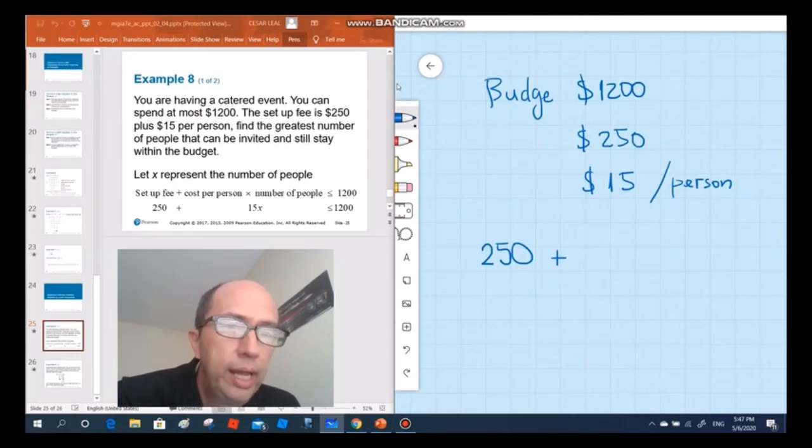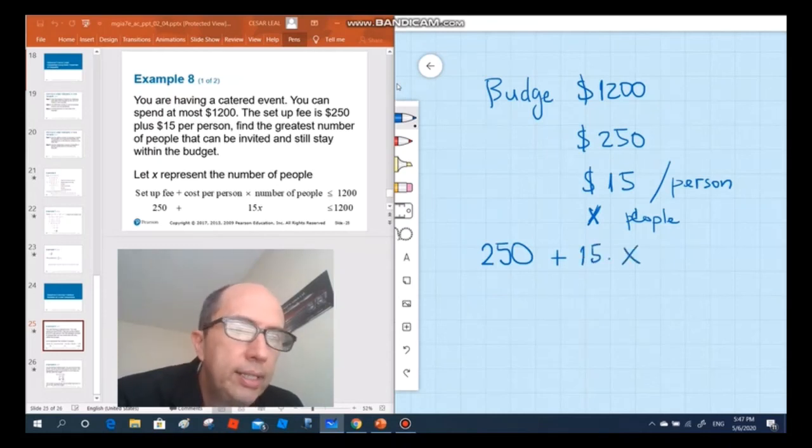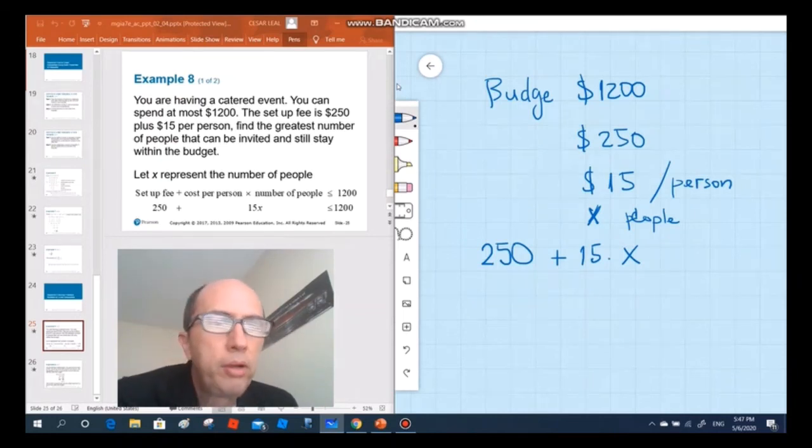We don't know. The unknown usually is our variable. So let's call the unknown number of people x people. 15 times x is the amount of money you're going to spend, considering the cost per person.